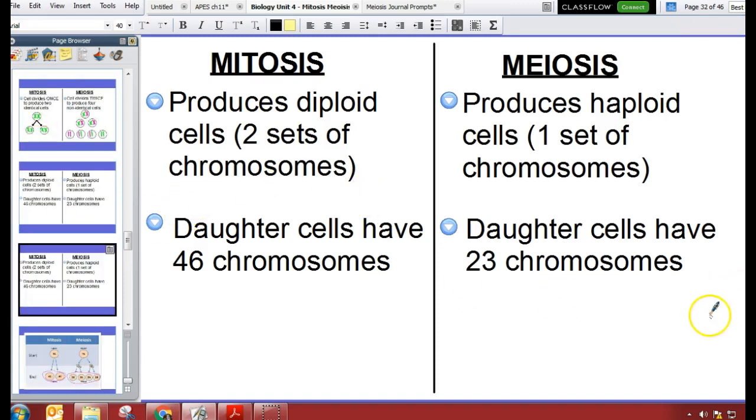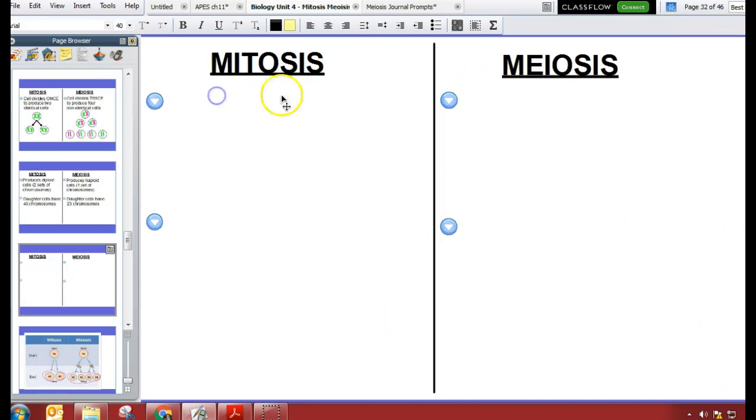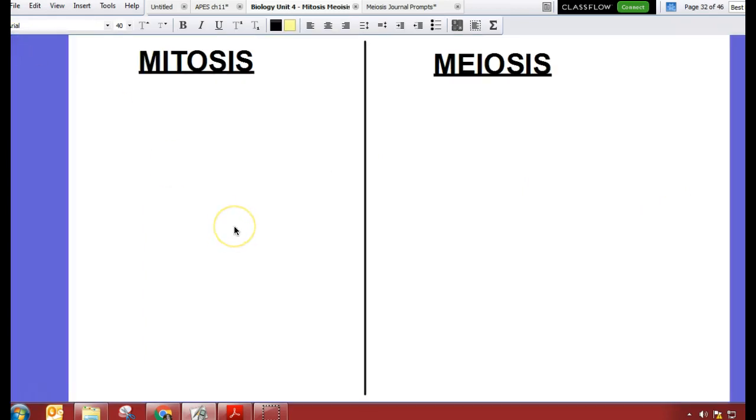All right, so let's draw a picture in our notes of what each of these looks like. With mitosis, we start out in both examples with a cell, and I'm going to write 46 because it has 46 chromosomes. Actually, sorry, I lied.